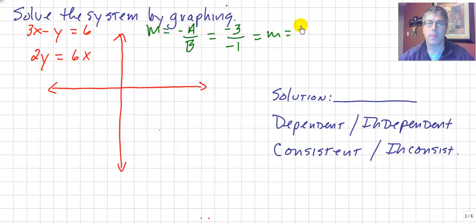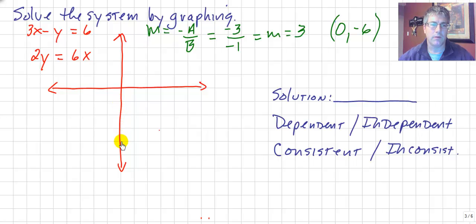So our slope of that first one is 3. Okay, and the y-intercept, if we put 0 in for x and solve for y, the y-intercept is -6.